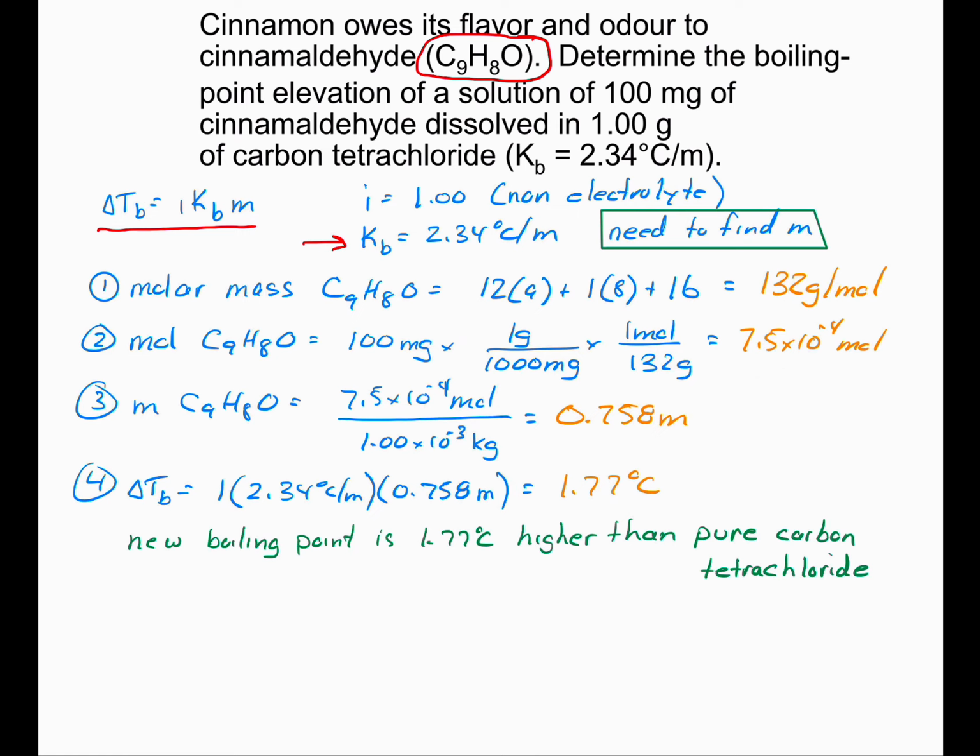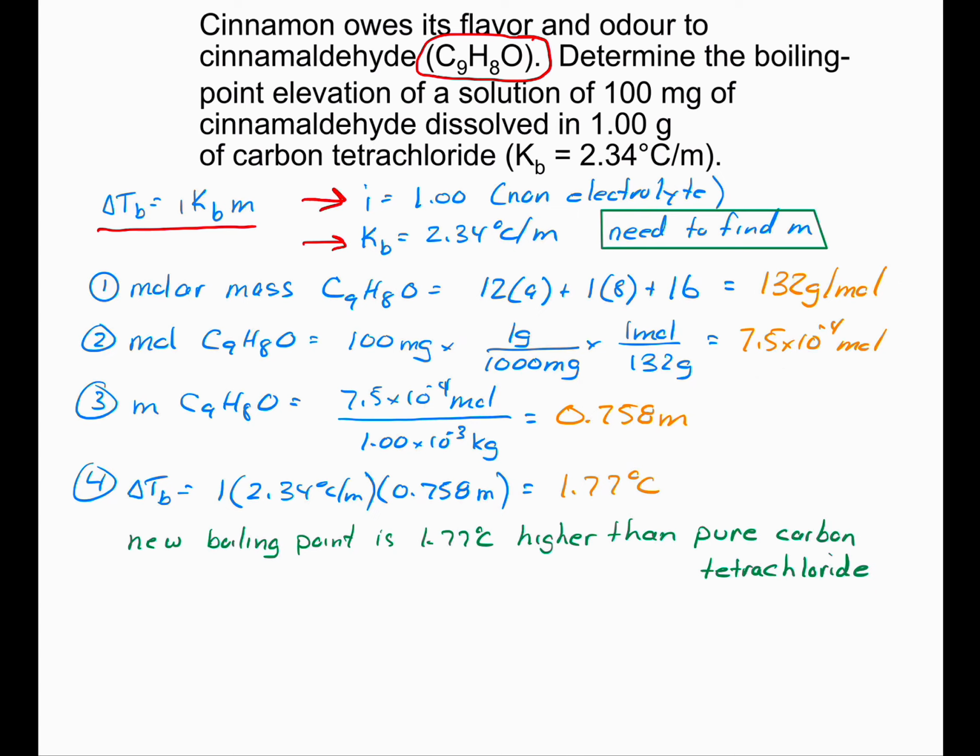Because it's got carbons, hydrogens, and oxygens in it, that's a really good indication that it's a non-electrolyte, kind of like sugar. It's not like sodium chloride or potassium bromide or lithium sulfate. So it's going to be a non-electrolyte, which means i, the van 't Hoff factor, should be 1.